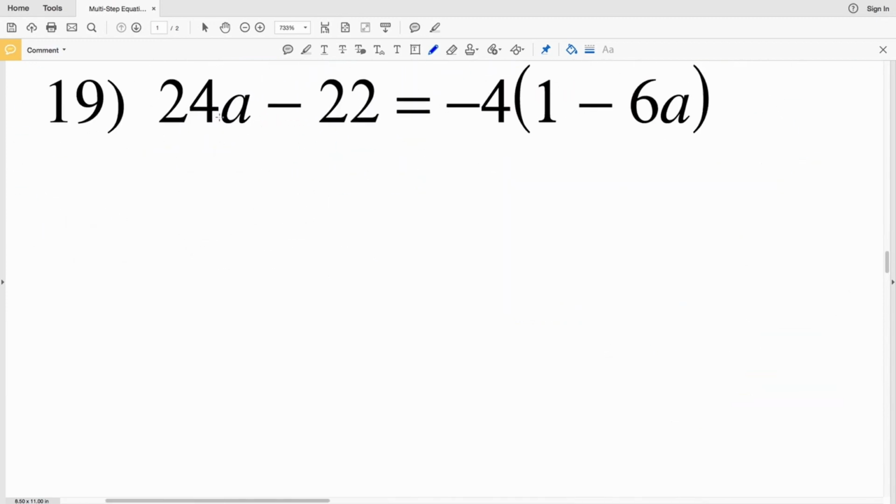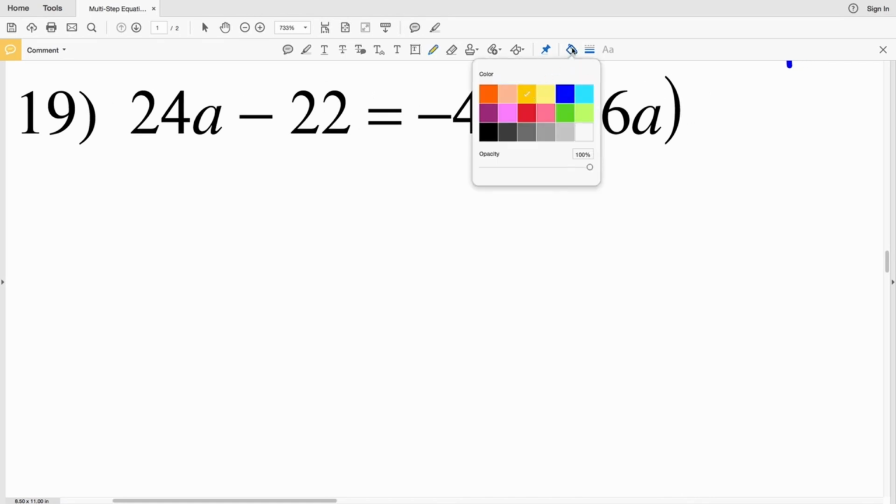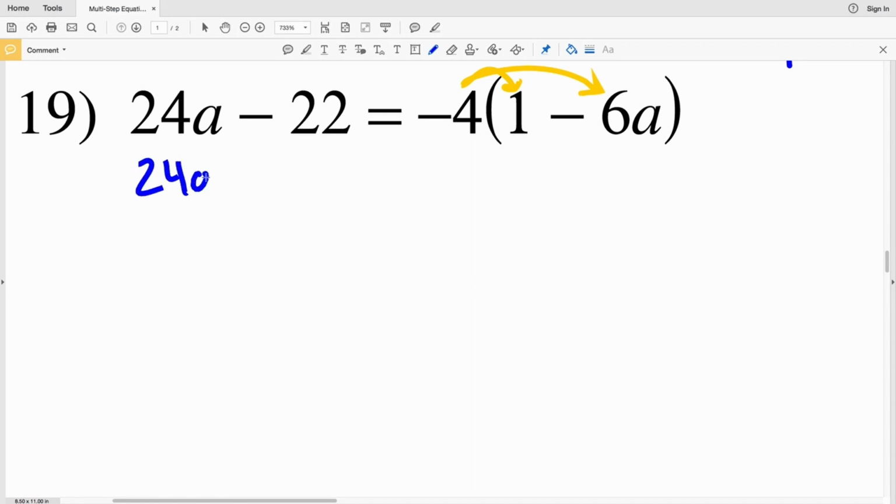For number 19, we have 24a minus 22 equals negative 4 times 1 minus 6a. We're going to have to start by distributing this negative 4. So we'll have 24a minus 22 equals negative 4 minus a negative 24a, so that's going to be plus a positive 24a.